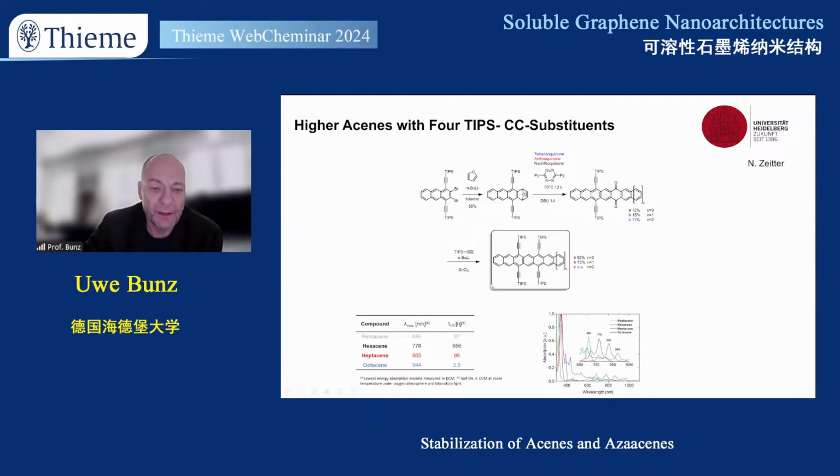And the stabilities here decrease dramatically. The hexacene is, interestingly enough, the most stable compound here, followed by the heptacene, while the octacene is basically not very stable.